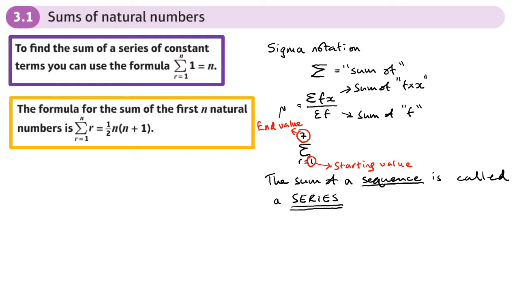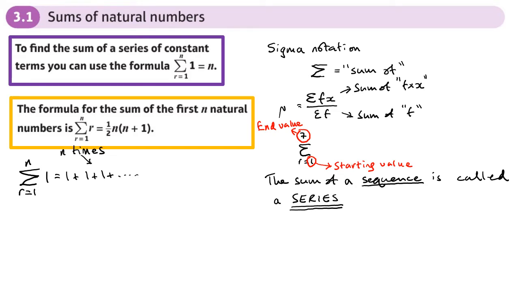So the first one is this, and we'll go for each one and say what it means. It's the sum of r equals 1 to n of 1. Now what does this mean? It means we're doing 1 plus 1 plus 1 like this, and we're doing this n times.